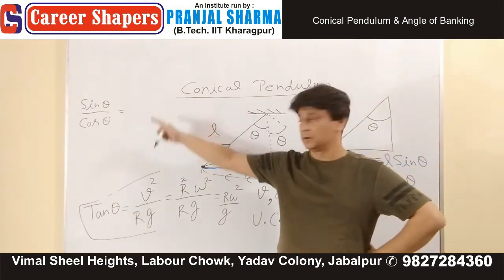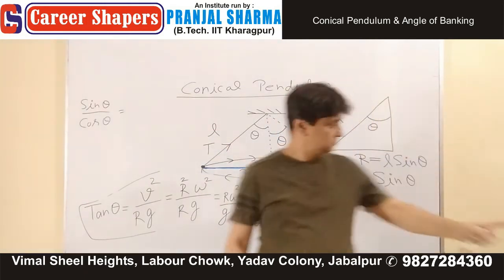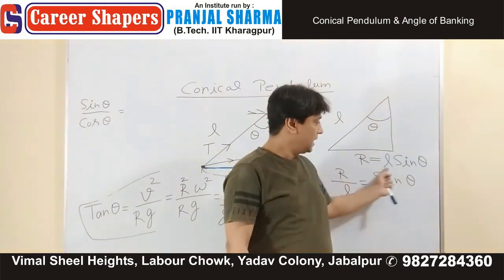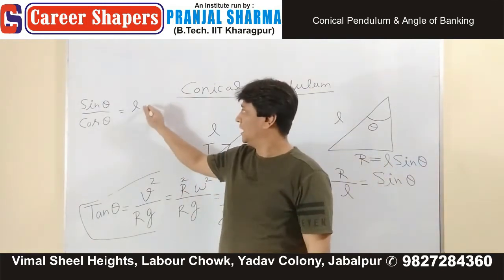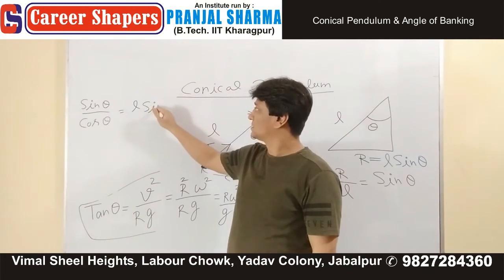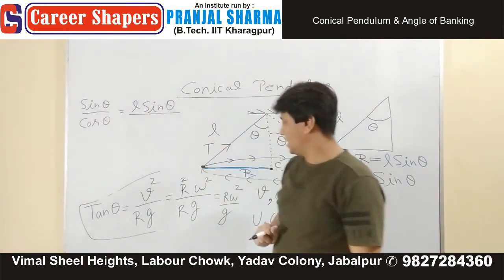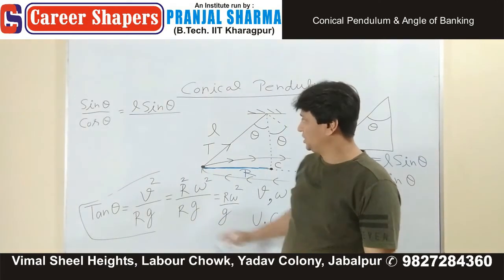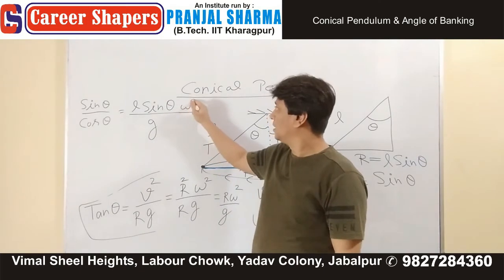Now, over there. What is tan? Sin upon cos. What is R? L sin theta. R is L sin theta divided by G, multiplied by omega square.